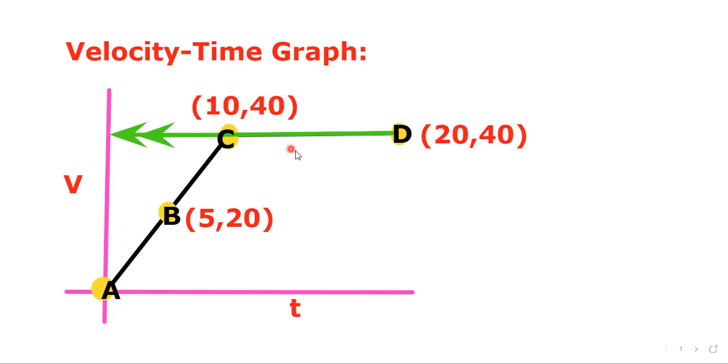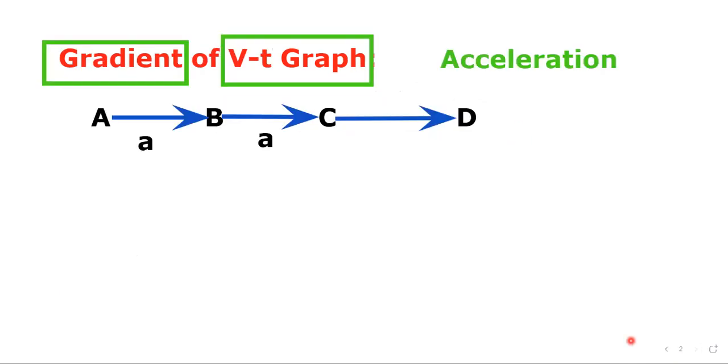So you can see from C to D, there is no change in velocity. No change in velocity means no acceleration. So we can say acceleration for these 2 points is 0.